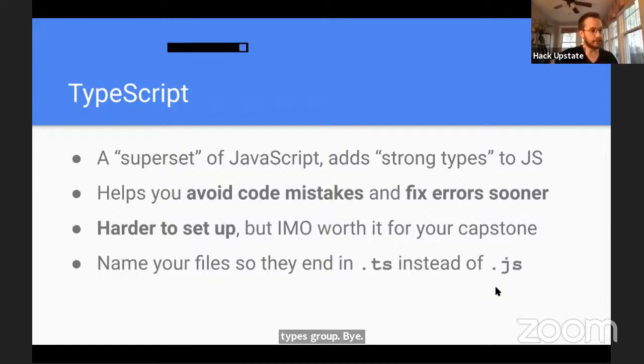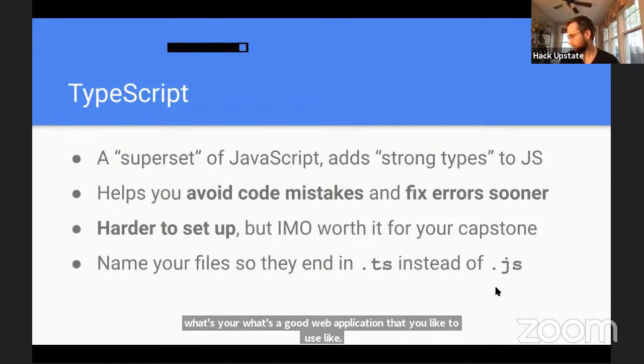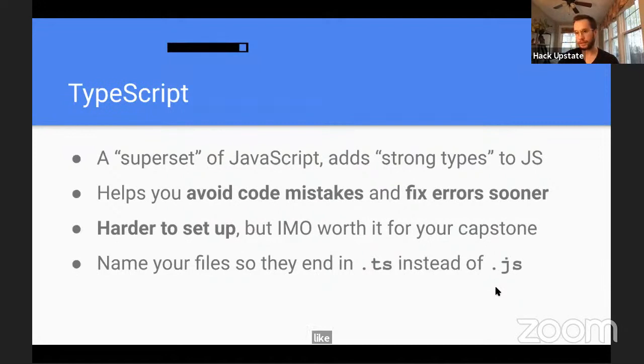So if you were going to write something, what's a good web application that you like to use? Like GitHub itself, github.com. A very large application with a lot of dynamic things and a lot of features. You might want to use TypeScript. It's really largely a function of how much JavaScript you're maintaining.